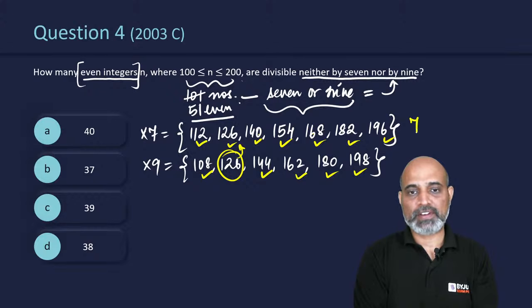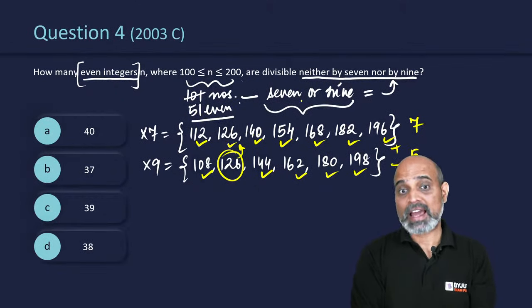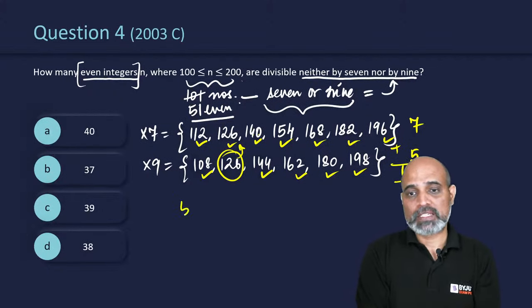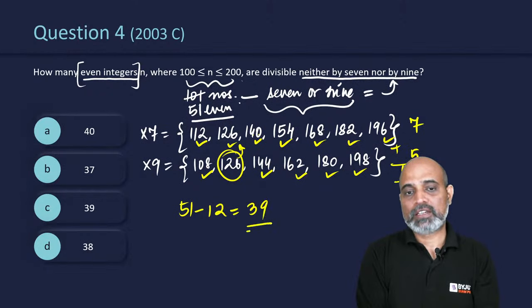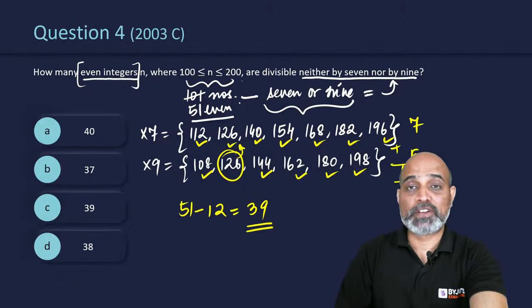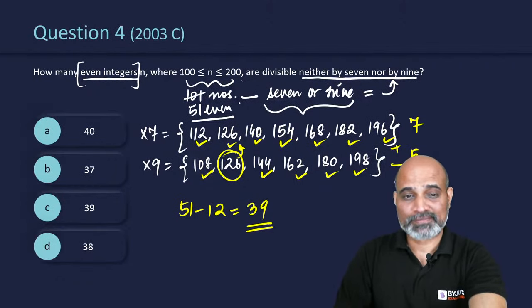So we had 7 numbers here and we have another 5 numbers here, right? So 7 plus 5, there are 12 numbers out of 51 numbers which are even and they are in the table of 7 or 9. So इस 51 में से, if you remove this 12, we will get our all those numbers, right? Where they are going to be divisible by 7 or 9.